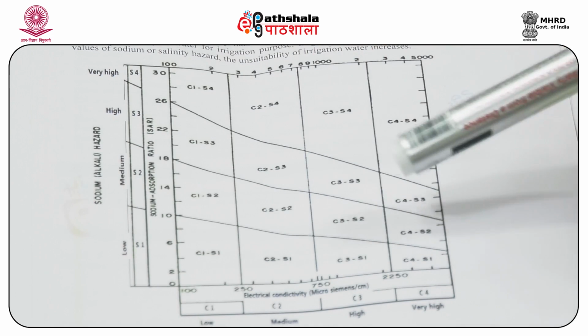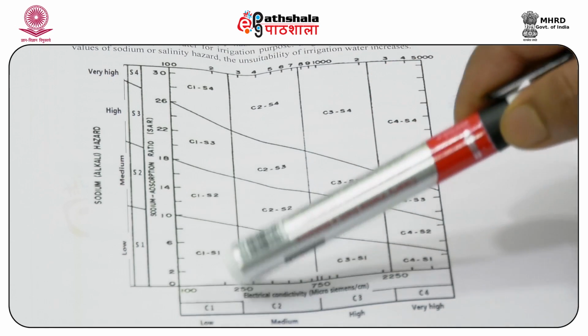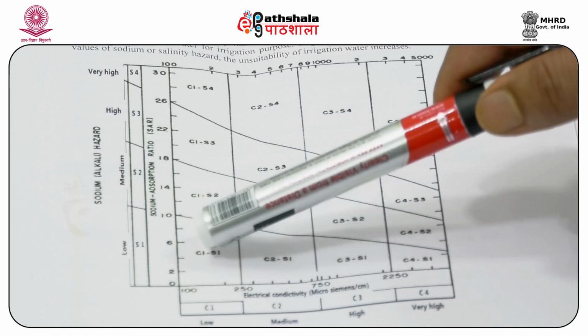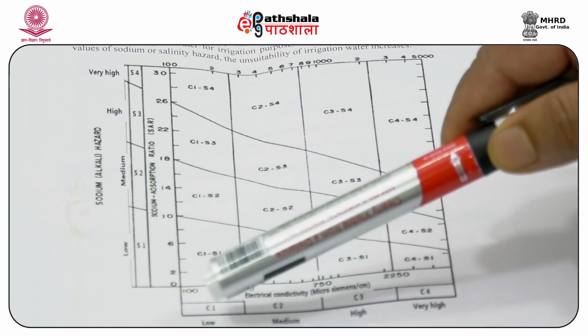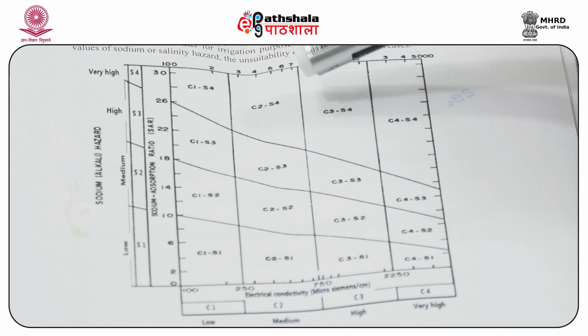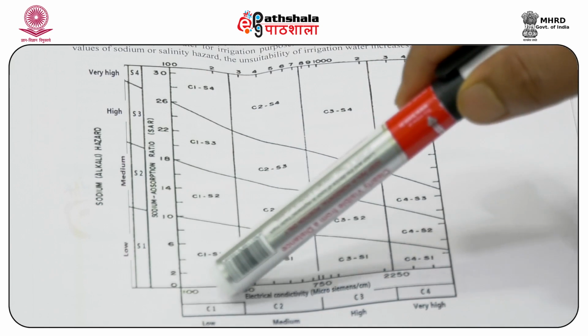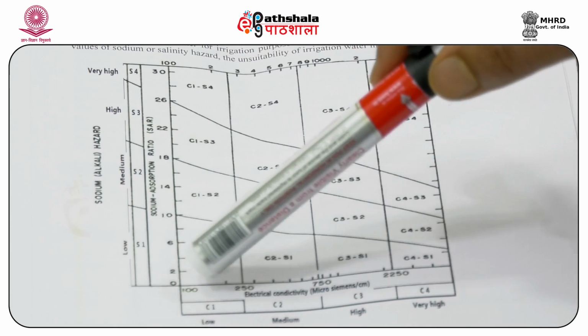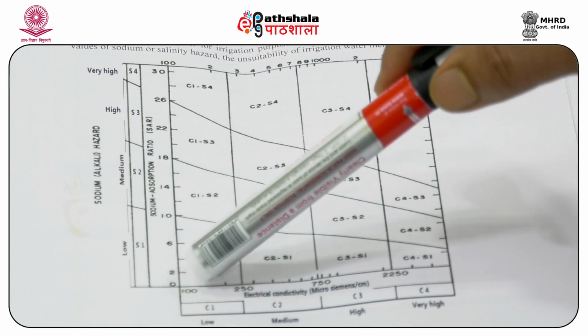And then the whole central area is divided into so many fields, and each field has been given a name, like this is C1, S1. This is C1 and corresponding is S2. And then if your sample falls here in C1, S1, this is excellent for irrigation. That area will have a rich harvest of crops.